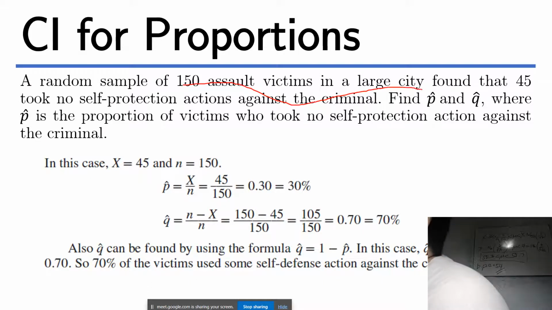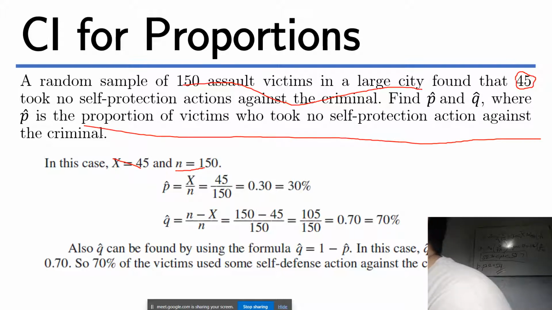Ulitin ko. 150 assault victims, n equals 150. Sample that possess the characteristic na interested in, 45. Find p hat and q hat. p hat is the proportion of victims who took no self-protection against the criminal. So yan, that is our p hat, 45 over 150.